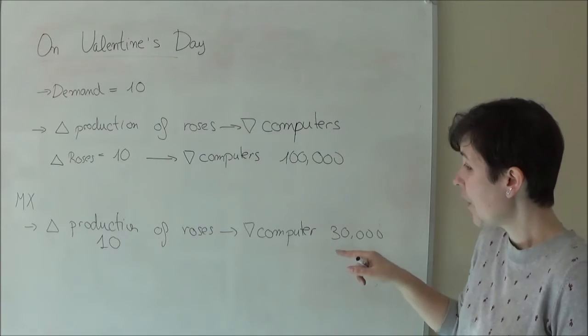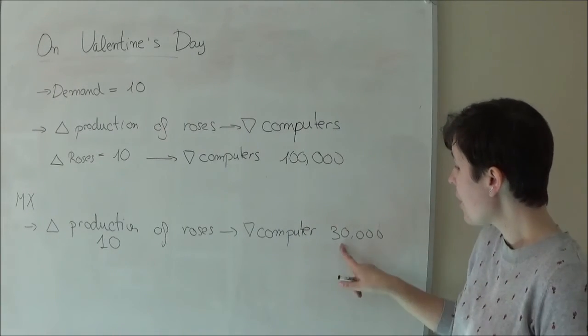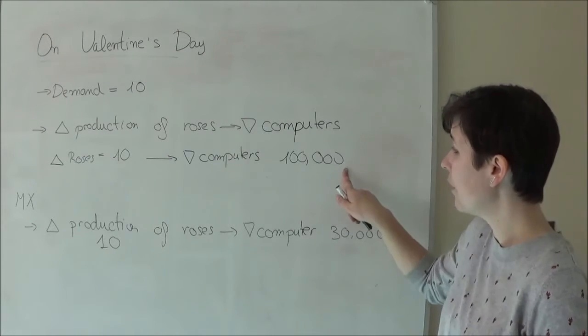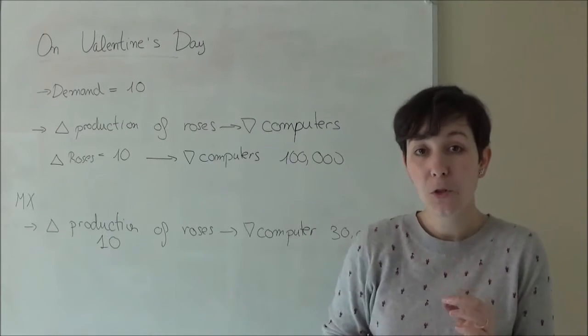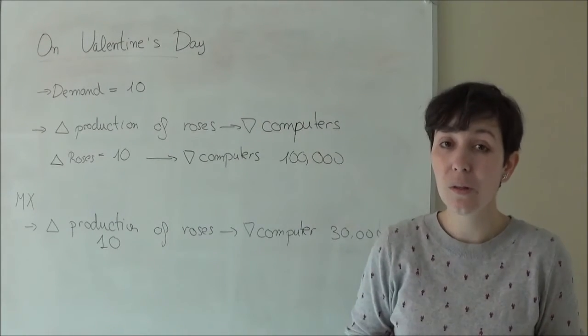You see, if this economy produces this amount of roses, it's going to produce 30,000 fewer units of computers, which is smaller than here. So the opportunity cost of producing roses in each economy is different.